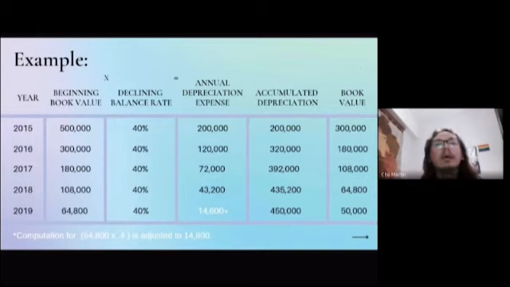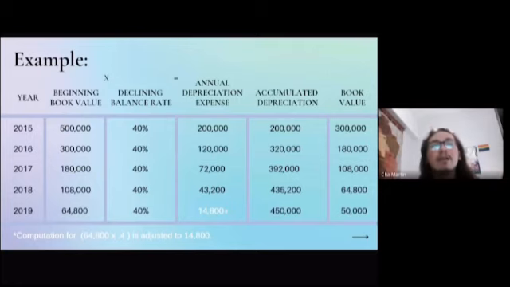Beginning with the book value from the end of 2018, we begin with a book value for 2019 of 64,800, and then the same declining balance rate of 40%, and then multiply it to get a total annual depreciation expense of 14,800. The computation for 14,800 is adjusted, as we get 64,800 times 40%, to balance out the last entry, which is the accumulated depreciation of 450,000 with a book value of 50,000.